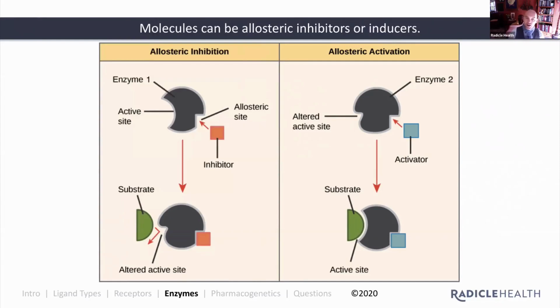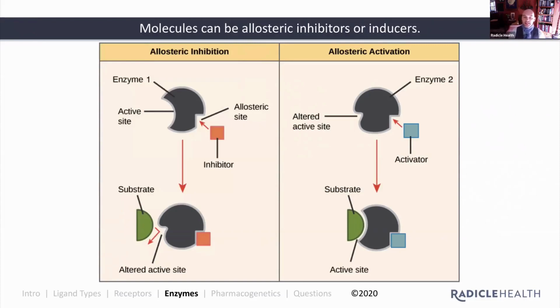And again, it causes the enzyme to reform the active binding site, but this time in the opposite manner. You can see on the left-hand side, you have an orange or pinkish molecule binding to the secondary allosteric site, and it causes the main active site to change its shape. But this time, it's changing its shape so there's not as good of a fit with the substrate, and therefore you're decreasing the reaction rate.